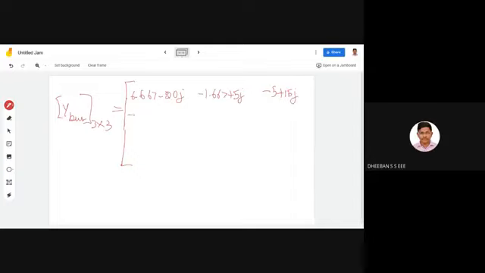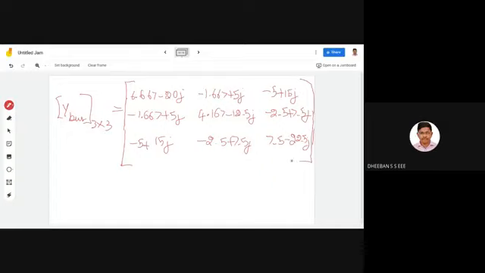In the next row, minus 1.667 plus 5j, then 4.167 minus 12.5j, then minus 2.5 plus 7.5j. In the last row, minus 5 plus 15j, minus 2.5 plus 7.5j, and here it will be 7.5 minus 22.5j. So this is how you'll be forming the Y bus matrix if they are giving you the bus impedance.